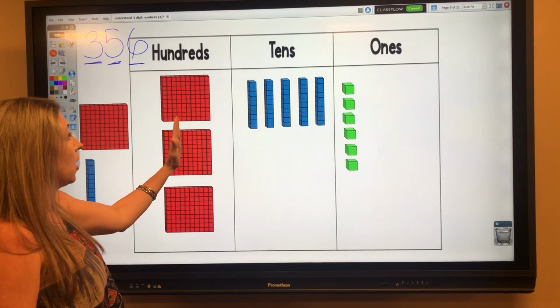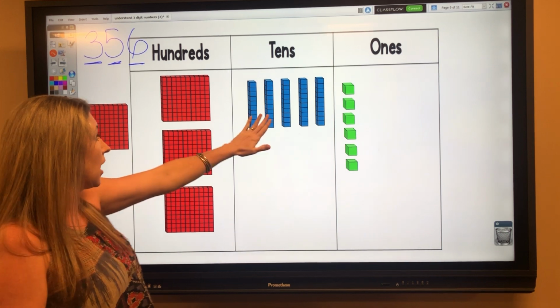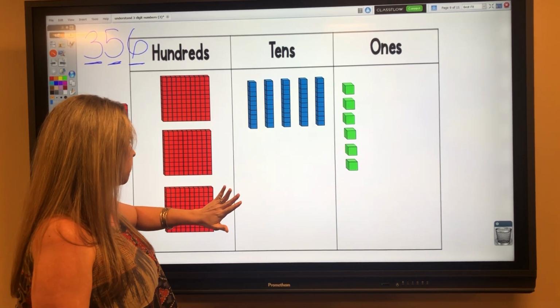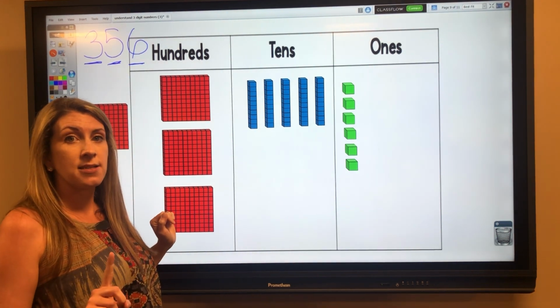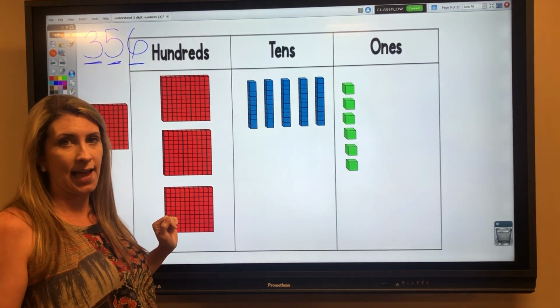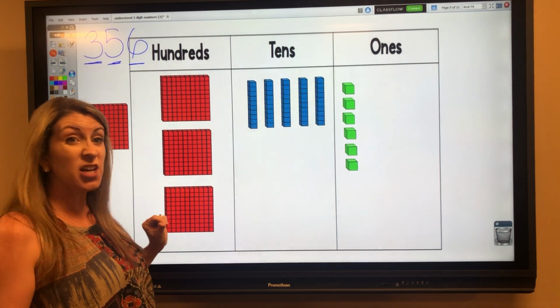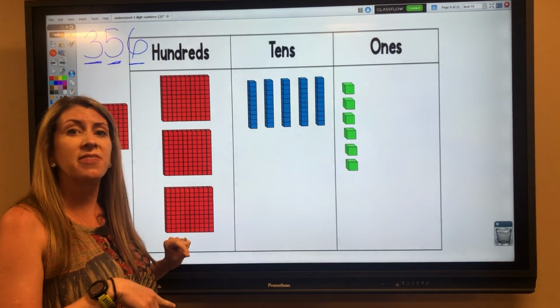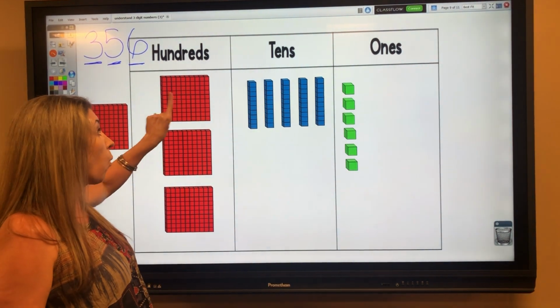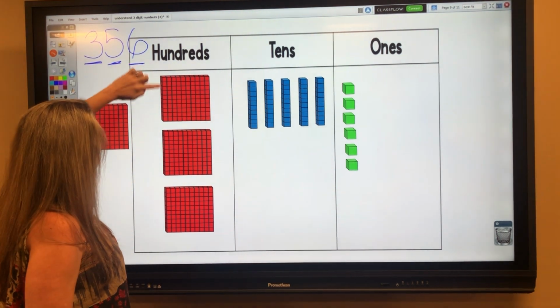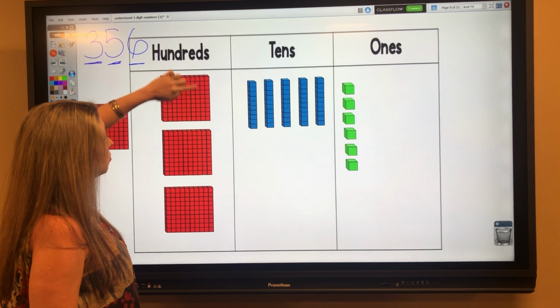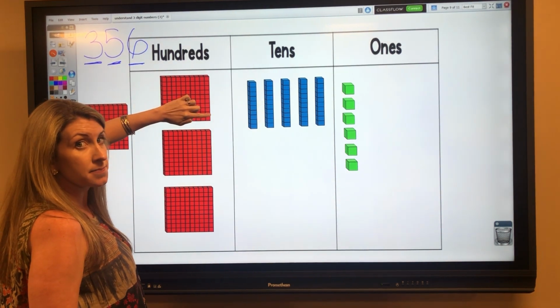We go back to our hundreds flats and our rods. We can see that if you have 100 flat, how many tens is that? Good, it's 10 tens. We talked about that earlier. So 100 is equal to 10 tens. So if I were to separate this, this would be 10 tens.